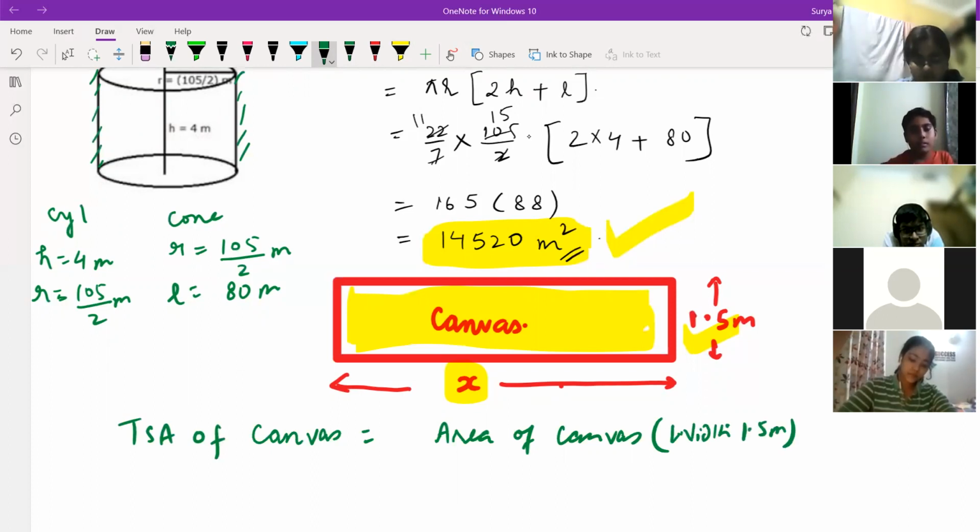Can we write like area of canvas is 14520 is equal to x into 1.5? Can we write, children, or not?